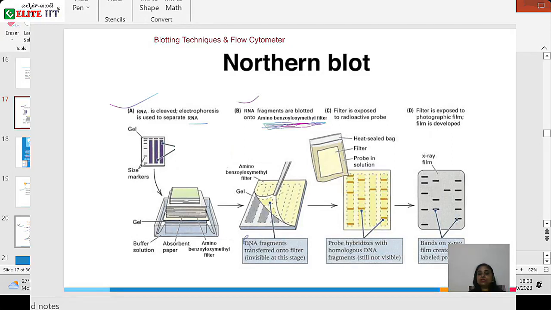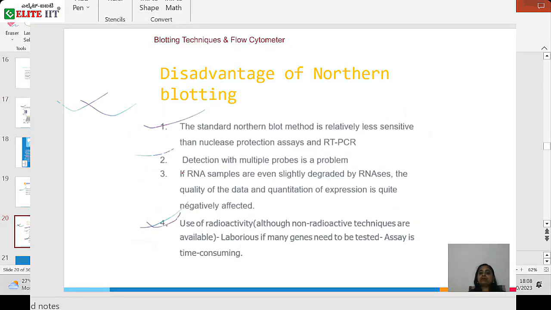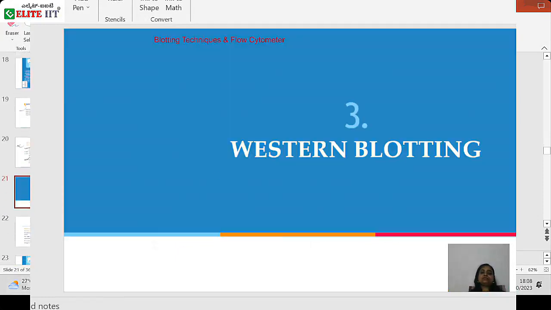Multiple samples cannot be identified in a single run. Also, if RNA samples are even slightly degraded by RNases, the quality of the data and quantitation of expression is negatively affected. These are the disadvantages, nothing else important.